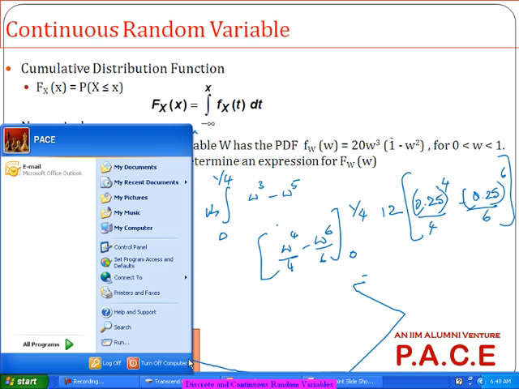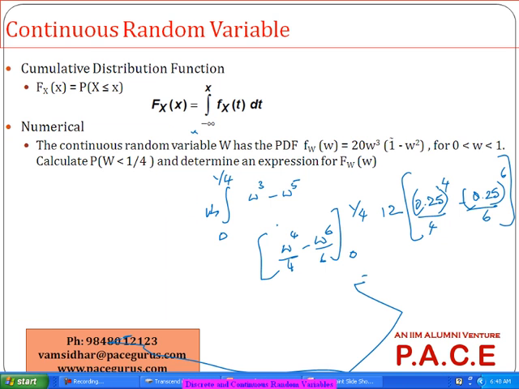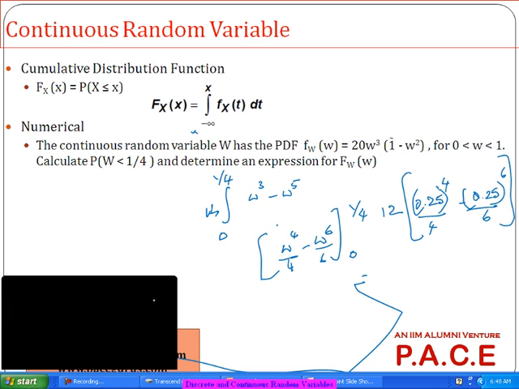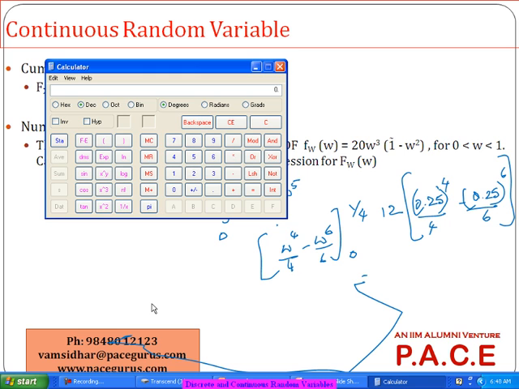So you could very well do your calculation: 0.25 to the power 6 divided by 6, I'll put that in memory.